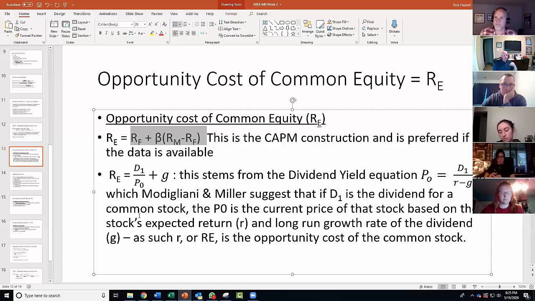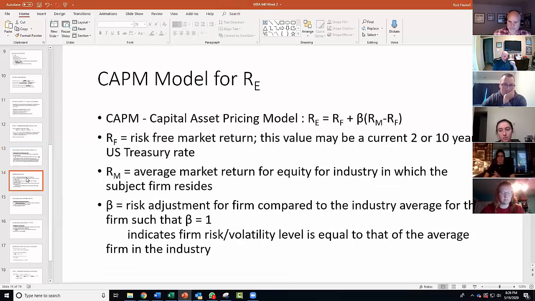So the third best is a poor alternative. So normally we're going to think of RE as coming from the CAPM construction using this equational form. And this just talks through some of what we just walked through together.